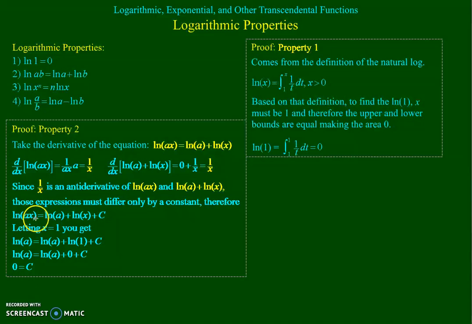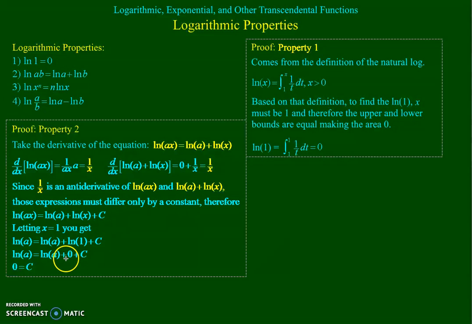So ln of ax equals ln of a plus ln of x plus some constant of integration c. Now, just for the sake of the proof, if we let x equal 1, we have ln of ax, and x is 1, that gives us ln of a. And then if this x is 1, then ln of a plus ln of 1 is ln of a plus 0 plus c.